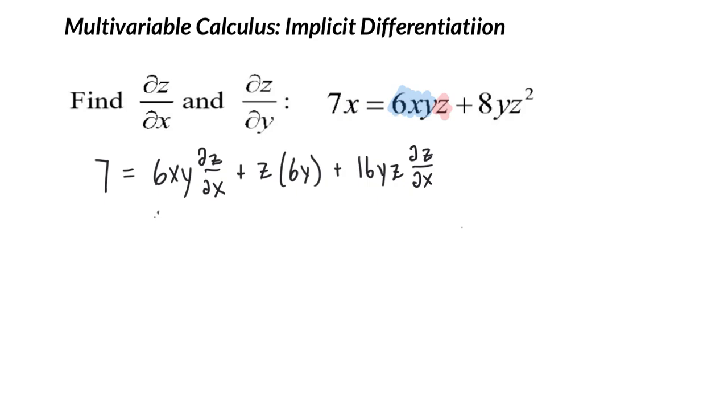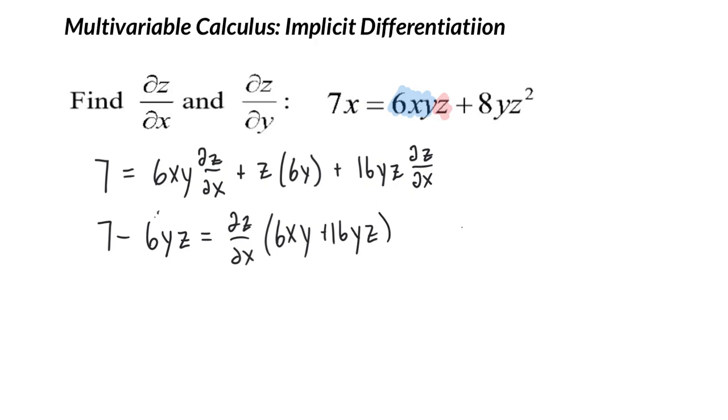Now, we're going to proceed like we always do. We're going to bring all of the non-dz dx stuff to the one side. So again, I just move this over by subtraction. We're going to factor our dz dx's out. I'll put it right away. dz dx multiplied by 6xy plus 16yz.